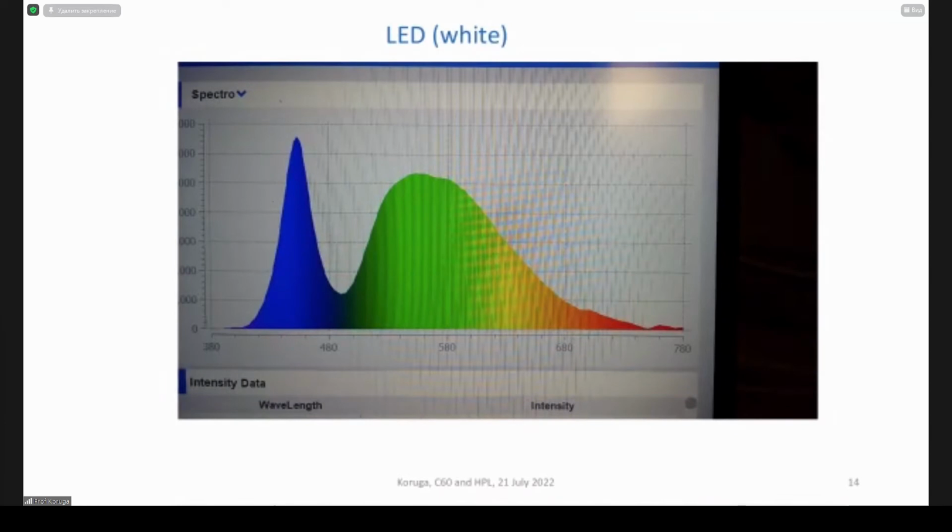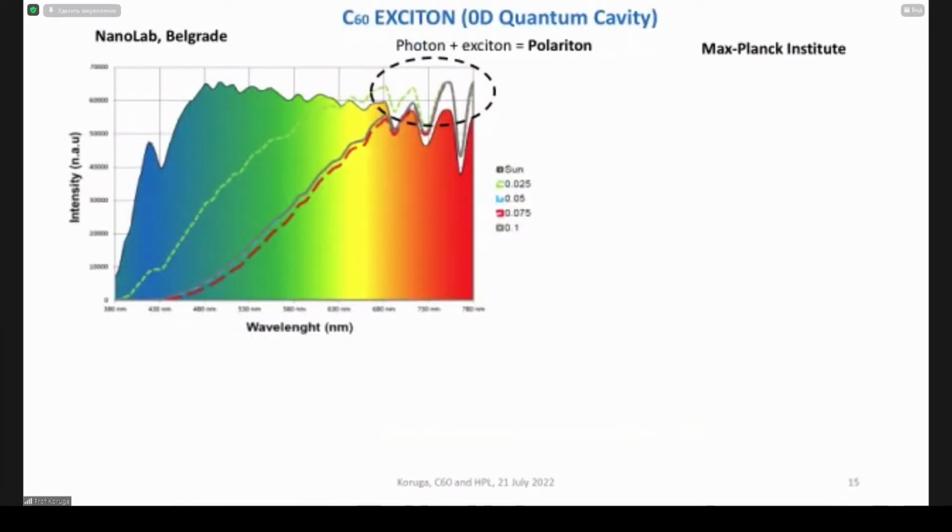And that can happen, for example, for LED diodes. In that case, the blue light will change and be smaller, but the green light will be higher, that transformation. Also, for all spectra like in the sun, we can have that property of exciton.